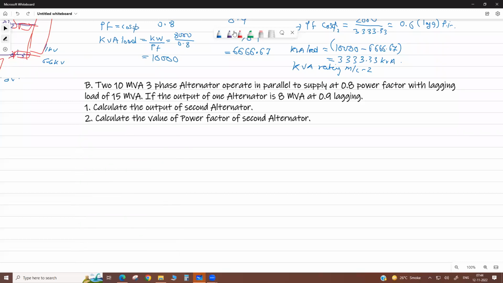Now, the same question is this: two alternators, suppose alternator 1 and 2, both operating in parallel.